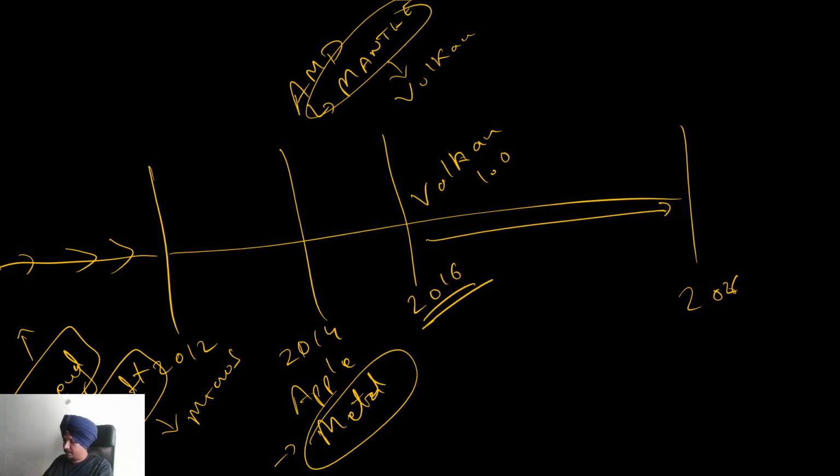So Vulkan is not a new API. It's already in the market, so it's a very good reason for you to learn. This is what the overall timeline looks like. Being a graphics developer, you should have these things seeded into your brain.